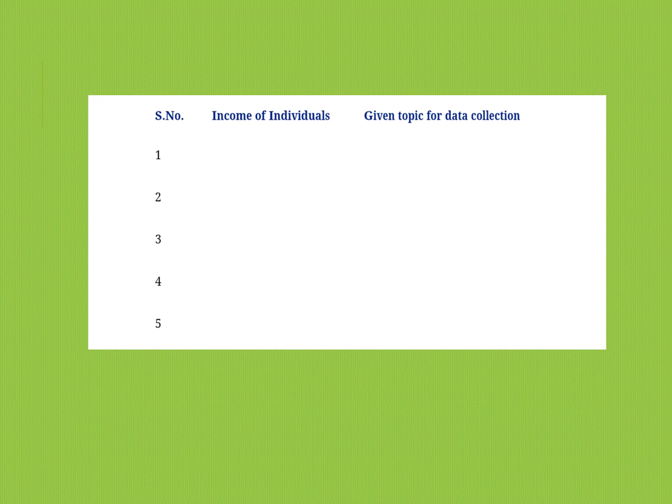You will do the survey on 5 individuals where you will have done 5 kinds of surveys: income of the individual, and the topic for data collection. It's as simple. Income of the individual and the topic for data collection. So you will choose 5 topics, you will do 5 surveys.